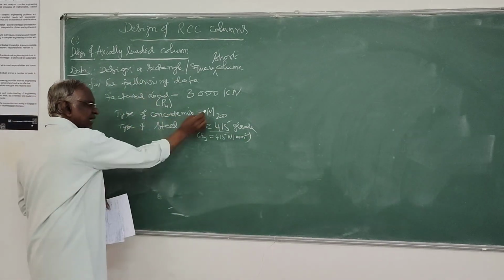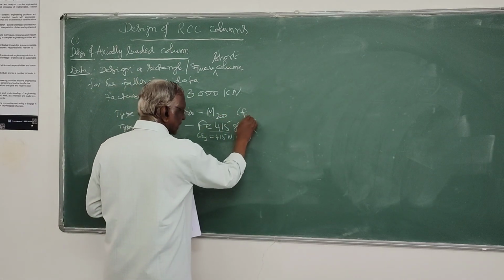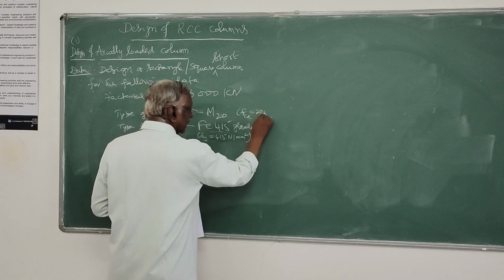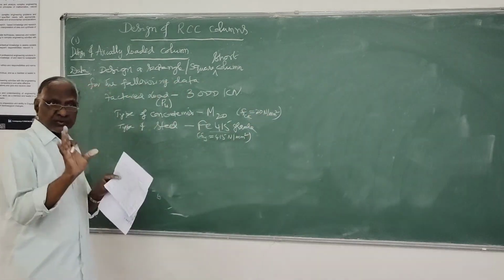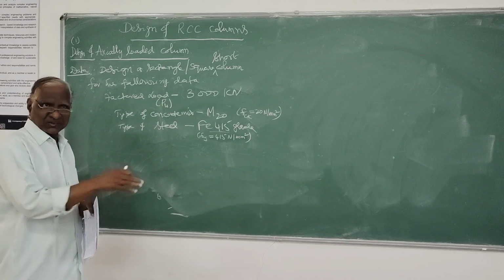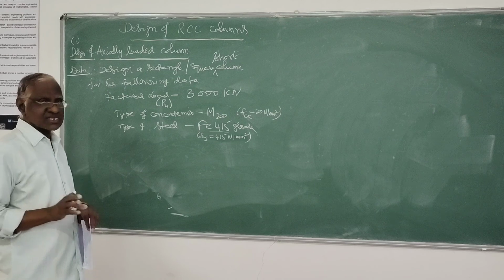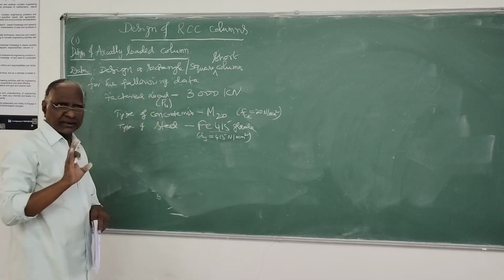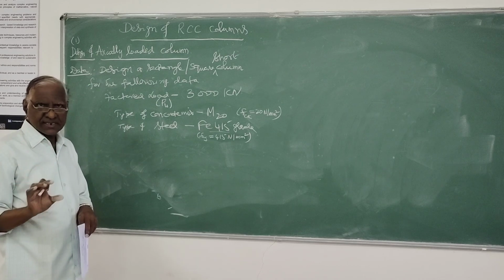The moment I say it is M20 concrete, that means the characteristic compressive strength of concrete is 20 Newton per millimeter square. These figures already you know. In other designs also you have to remember always: what is meant by M20 mix? What is Fe415 grade? What does that figure indicate?